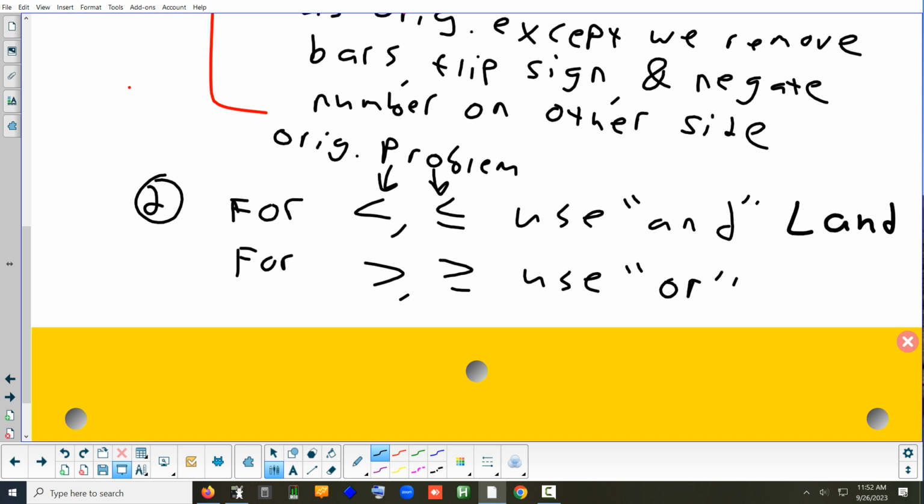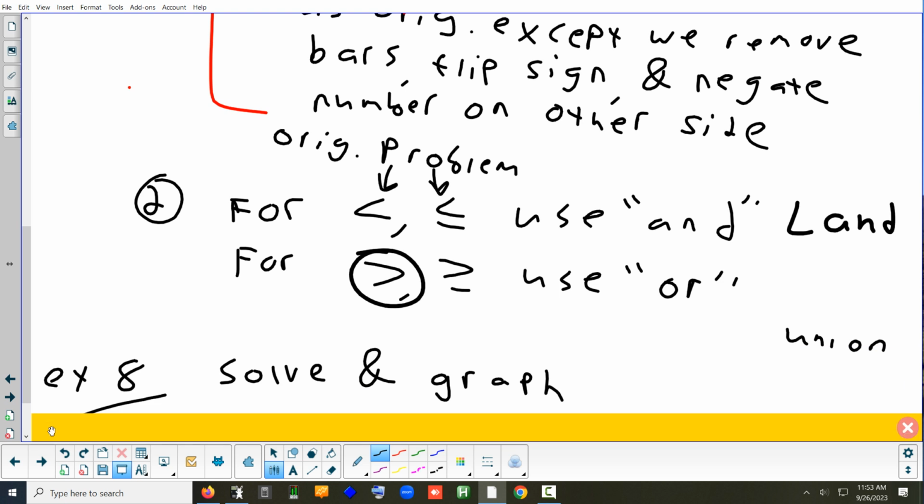And if you have a greater symbol, instead of saying greater, say "greater is an or." Greater is or, less than is and. And that's a step we didn't have to do yesterday because we had an equation, not an inequality.